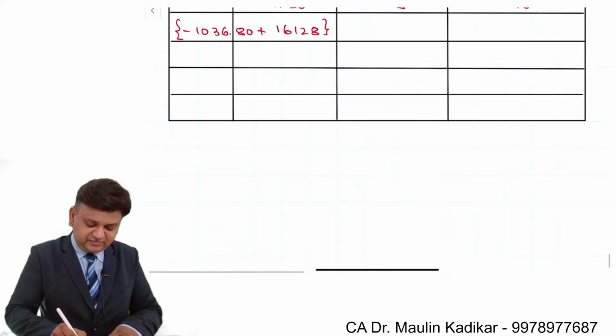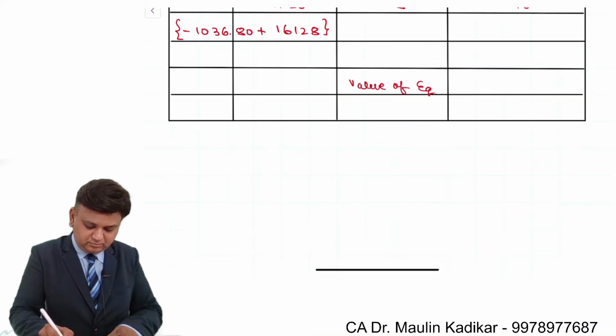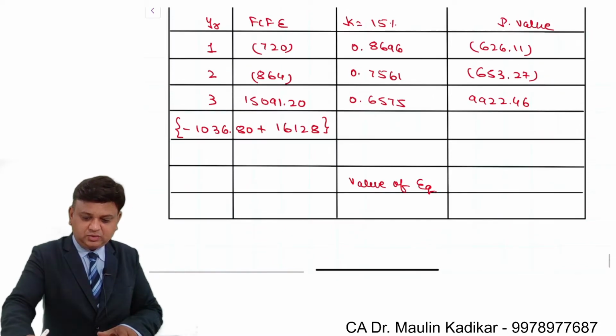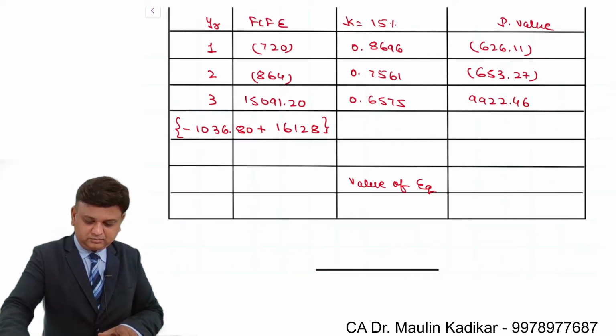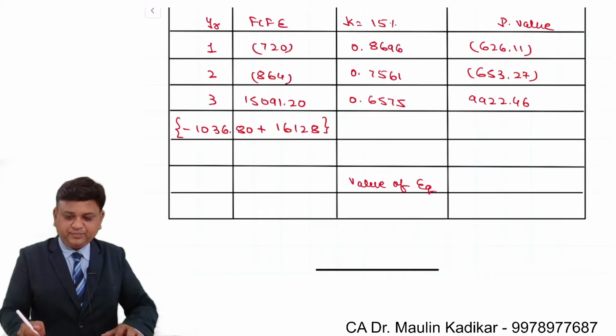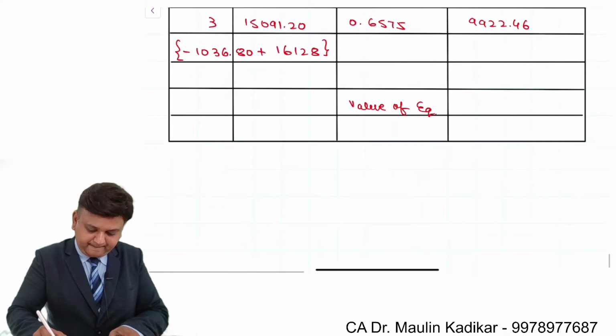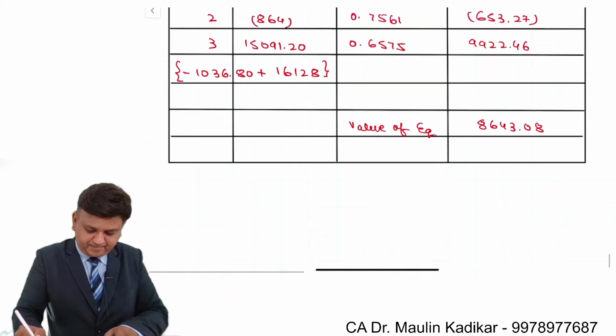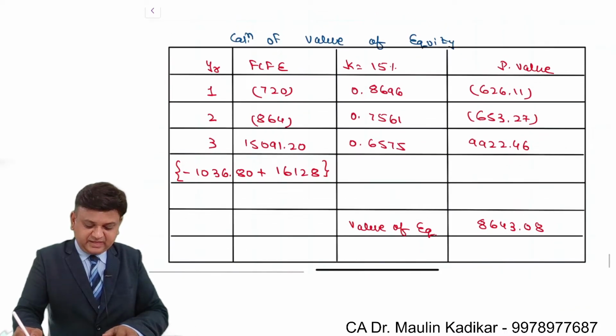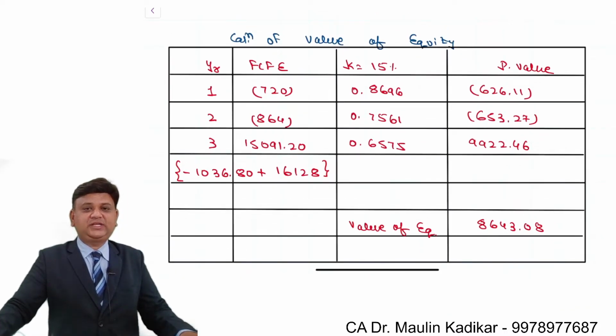Total of all of them is value of equity. So the final answer comes to 8643.08. This is the value of the equity with new sales strategy.